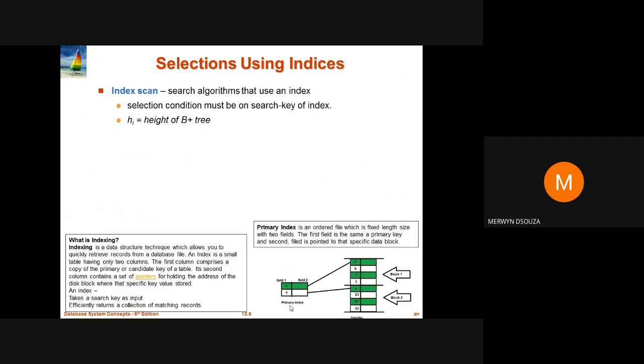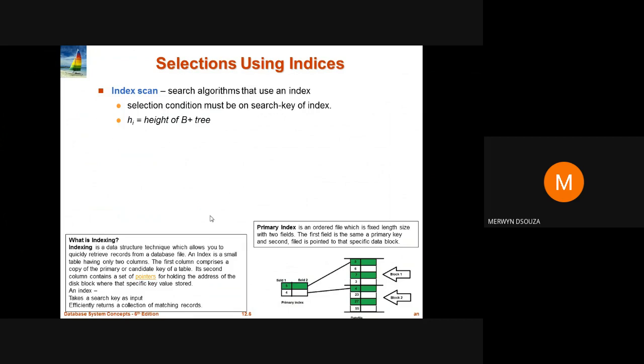Similar to the primary index, you will have something known as a secondary index. The primary index plus another table which will be having a set of pointers gives you a secondary index. Indexing is not part of this. In order to keep the video short, you can refer to your textbook and read about indexing. It's not part of your syllabus.